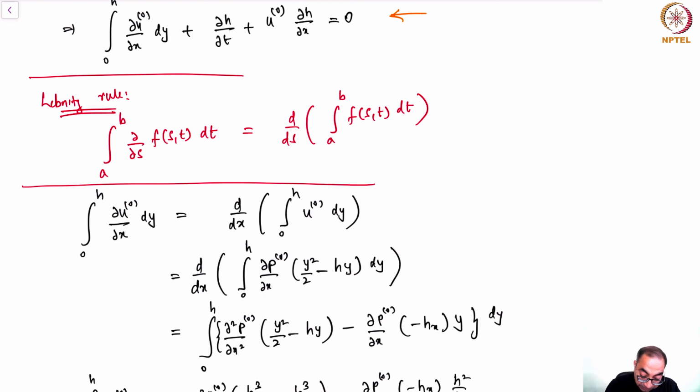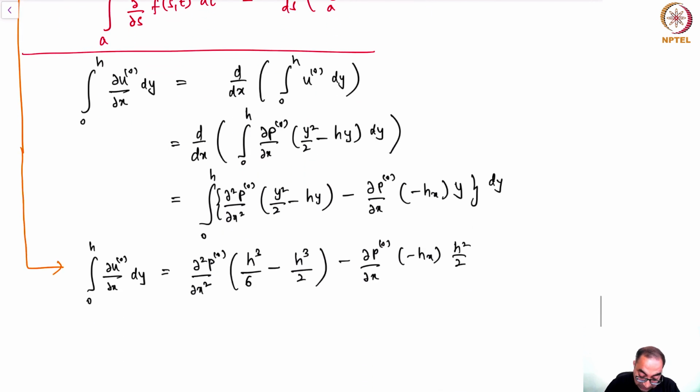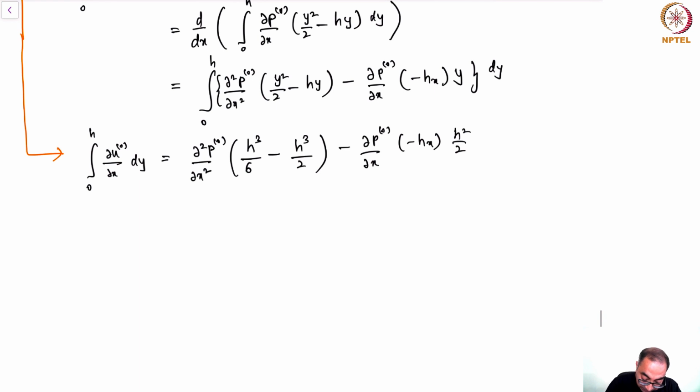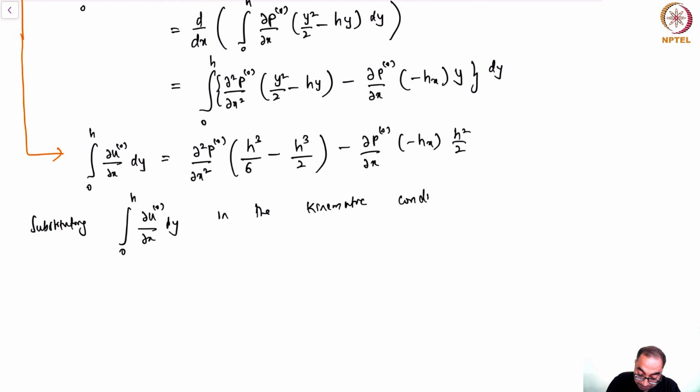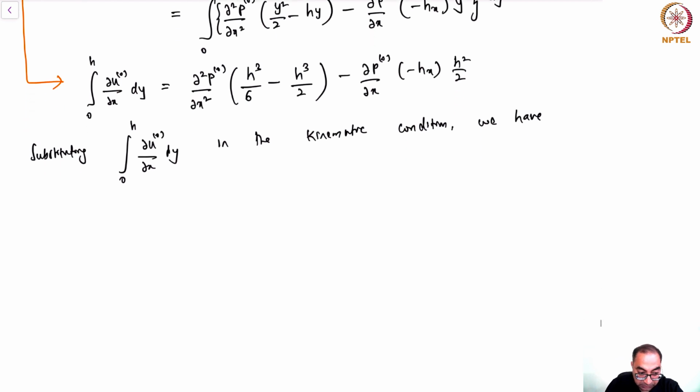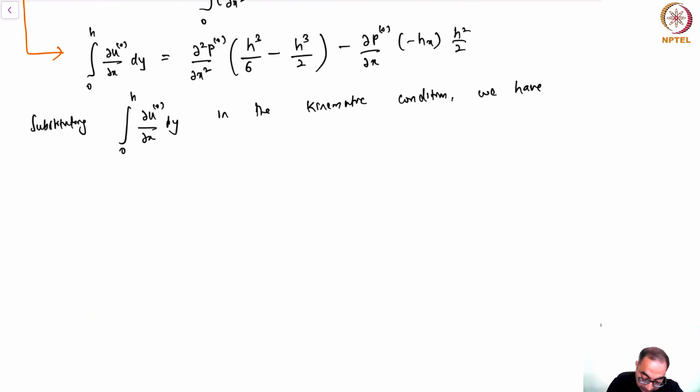So if I take it from here, these are related, and so now it simply gives me, substituting integral 0 to h del u0 by del x dy in the kinematic condition, we have del square p0 by del x square.